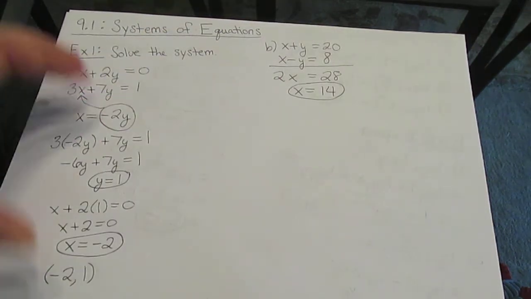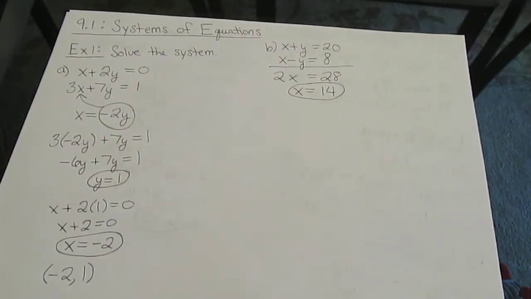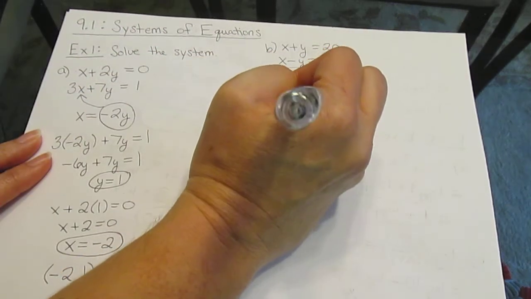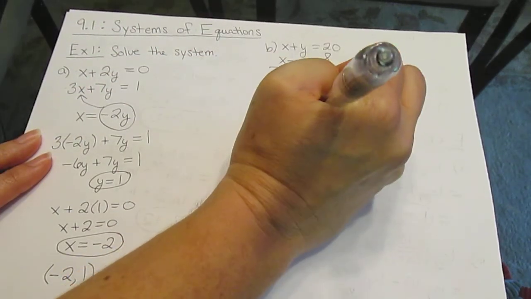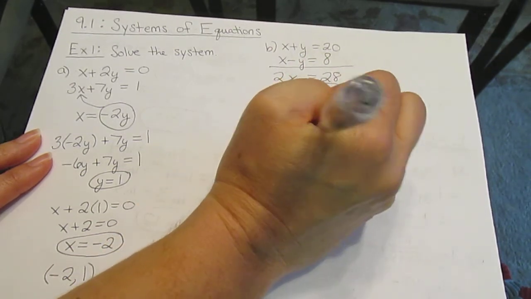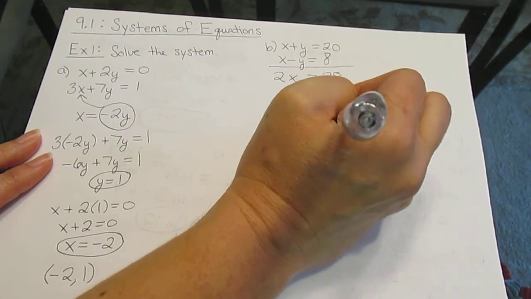And then the last step is just like the example that we did over here. You're going to plug this back into one of the two equations to get your other variable. I'll go ahead and plug it into the top equation again. So I've got 14 plus y equals 20. Subtract the 14, y equals 6.